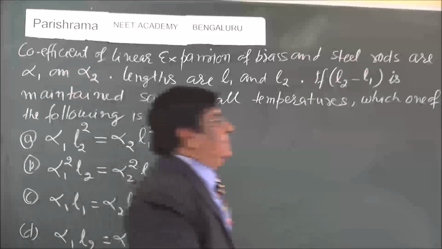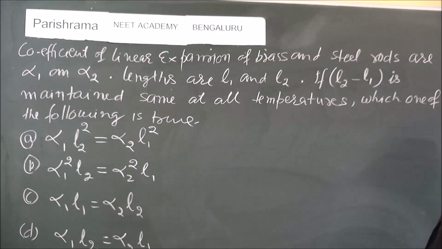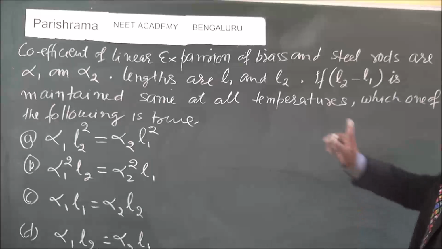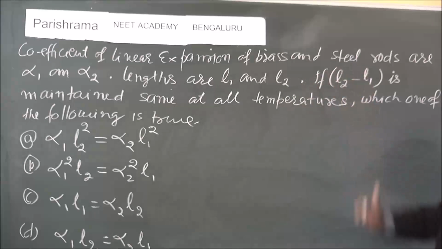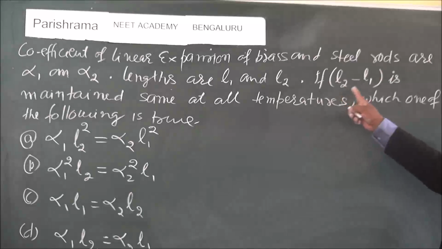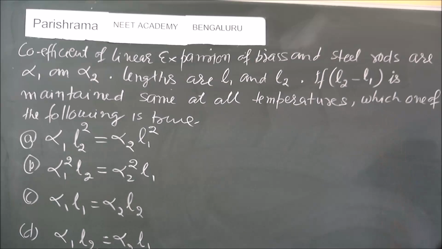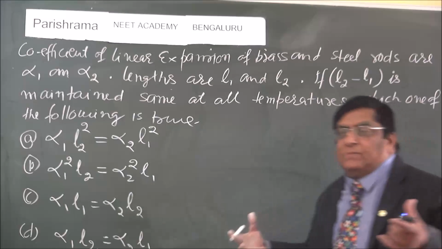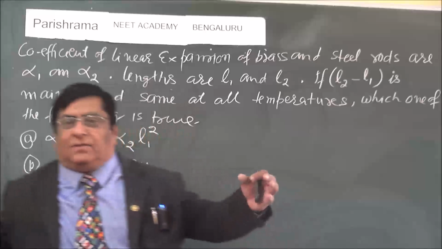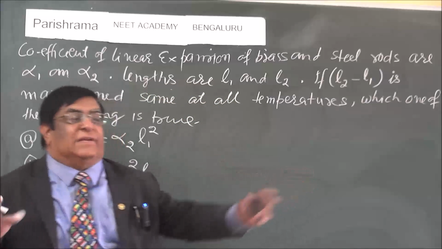Look at this question. Coefficient of linear expansion of brass and steel are alpha 1 and alpha 2. Alpha 1 for brass, alpha 2 for steel. Lengths are L1 and L2. If L2 minus L1 is maintained the same at all temperatures, when we heat them, the brass will increase in length and steel will also increase in length.